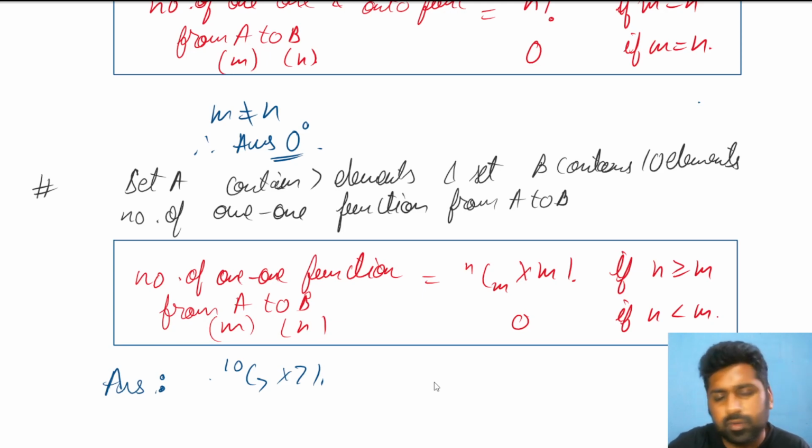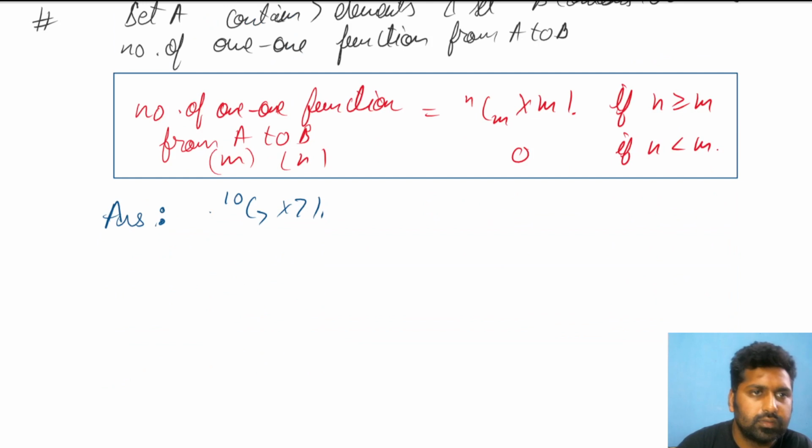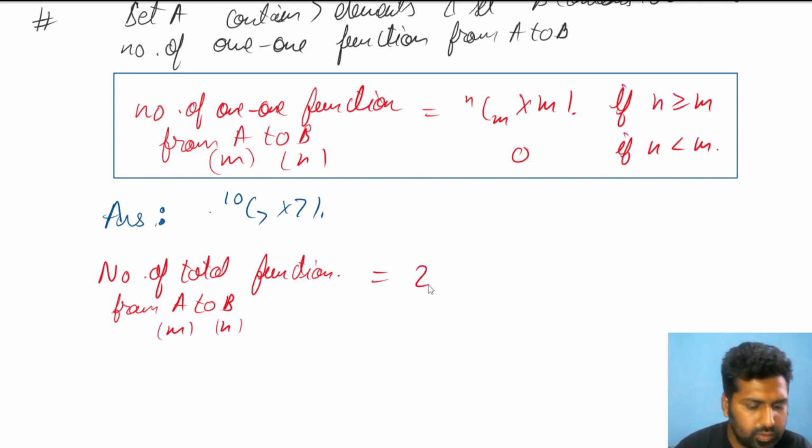And as such, we know the total number of functions. One second, I'll give you the number of total functions from A to B. A has m elements, B has n elements, is equal to, sorry, not 2 raised to power, n raised to power m.